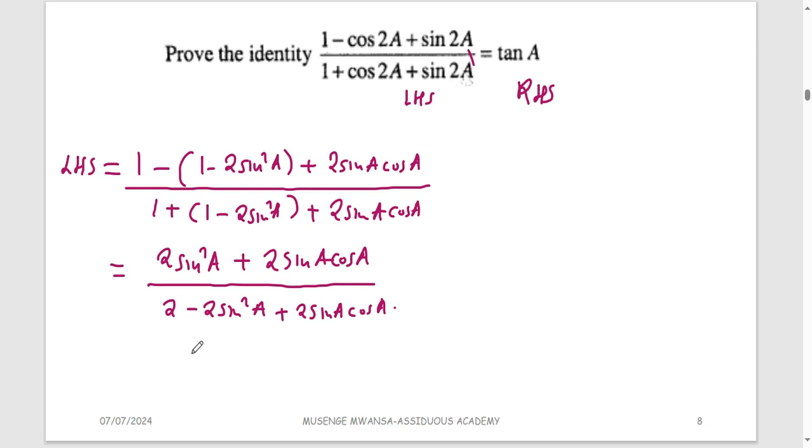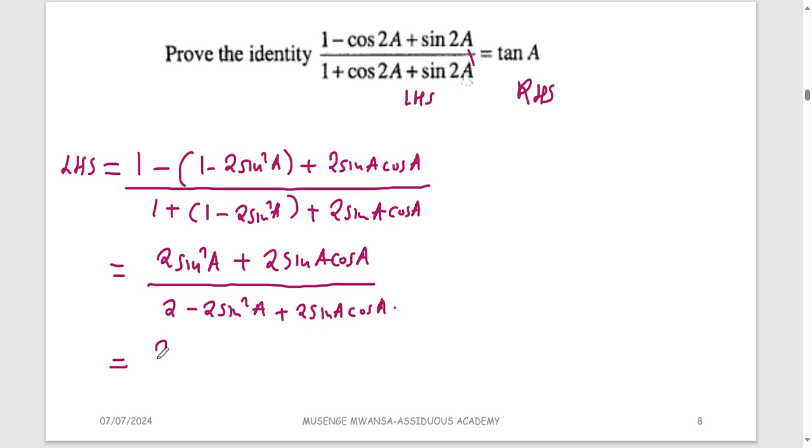For me here, because it seems a bit complicated, what am I going to do? Sometimes you jam, okay, like you don't know where to go next. Don't give up. Just see what you can do. So on top, can you see that we have got 2 sin and 2 sin?